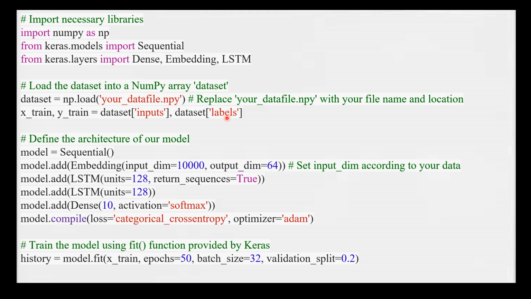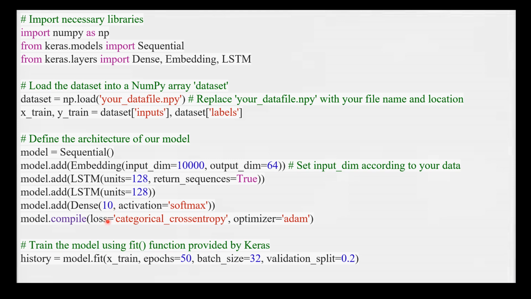Next we define the architecture using the Sequential class in Keras, and each layer is stacked sequentially using the add function. First we are using the embedding layer to convert each word in the input sequence into a dense vector representation. Next we use two LSTMs with a total of 128 memory cells each to learn long-term dependencies in the sequences.